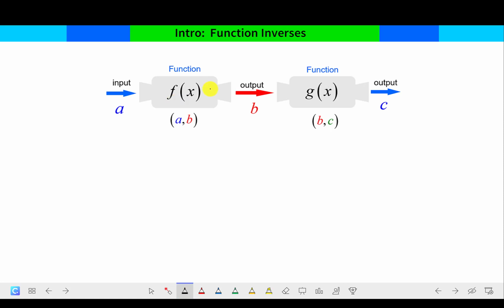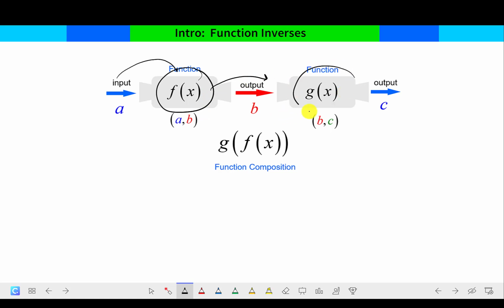Now, if I label these two functions, what we've just shown is a function composition. In other words, we've put it into this function first. We've done some calculation, and it spits out an output, which now goes into this function. And that's what this notation is for. It's saying whatever the output of this function is, now we're putting it into g, and we get a new output.